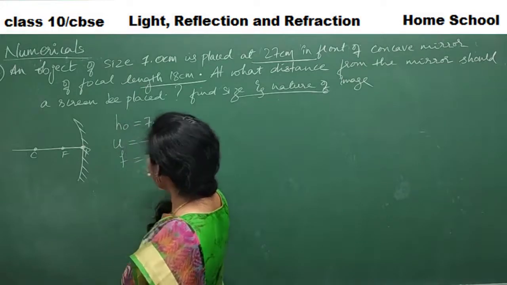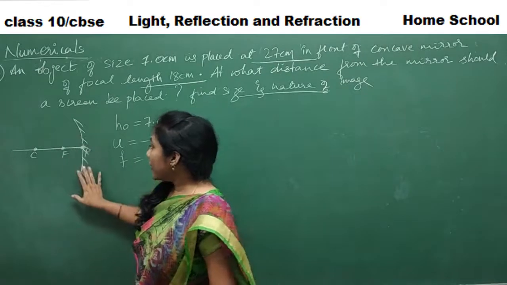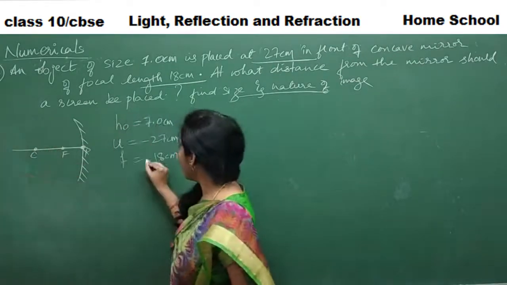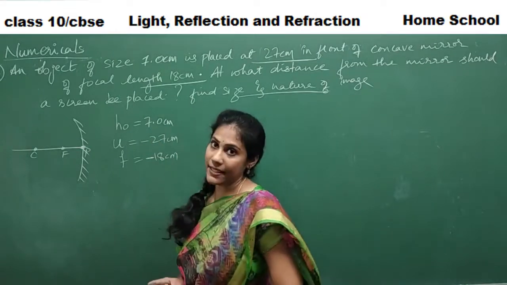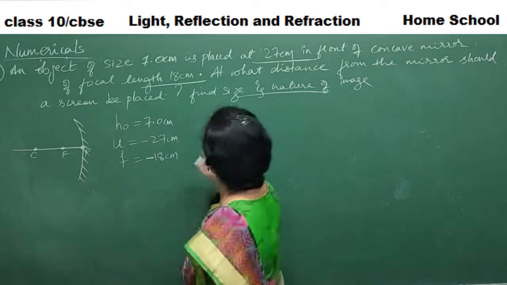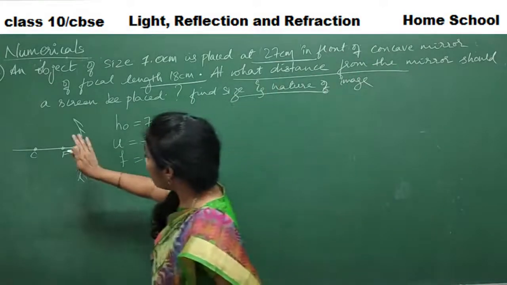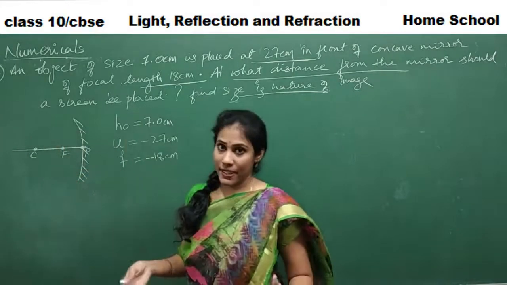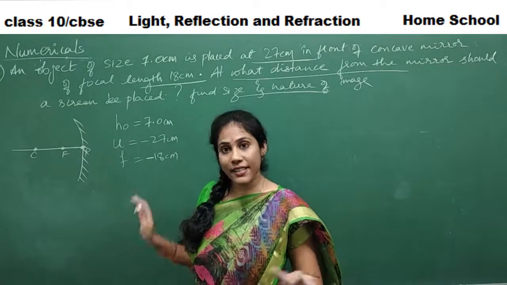Can you tell me what is the sign for focal length? See, in a concave mirror, the focal length is on the negative x-axis side. So focal length has to be taken with a negative sign. It's minus 18 centimeter now. Clear? What they are asking: at what distance from the mirror should a screen be placed? Wherever the image is formed, it is shown clearly on a screen, right?